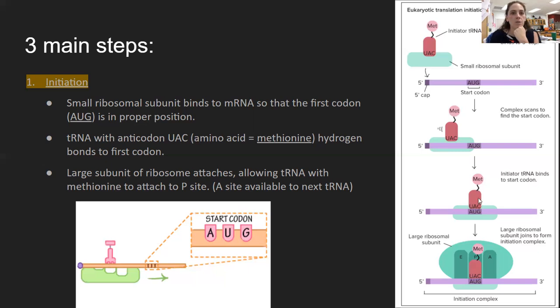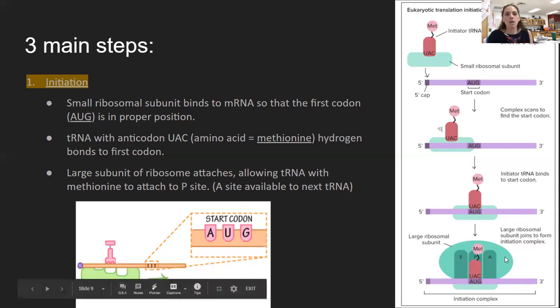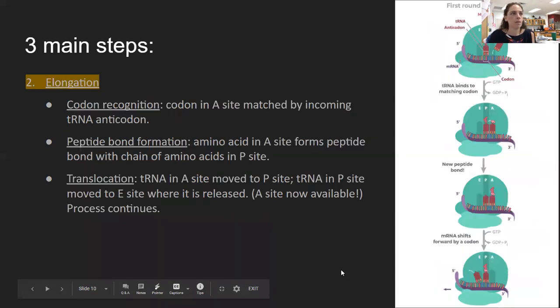Once these 2 have come together, so now we've got our small subunit, our tRNA with the MET. Now our large ribosomal subunit joins, and this first tRNA and amino acid is in the P site. So now we have our initiation complex. Then we can move forward to elongation.